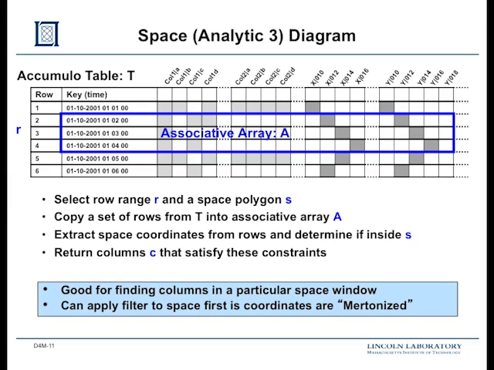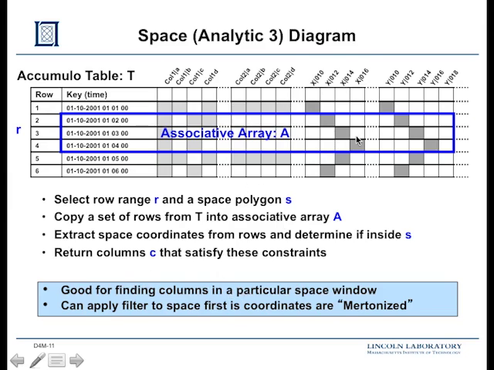So what I'm going to do is select a set of data here, R, a set of rows, and I'm going to give a space polygon. And I'm going to query those and get the data, and then I'm going to extract the space coordinate from the values there, and I'm going to return all columns that are within my space window here. And again, this is good for finding columns in a particular space window.